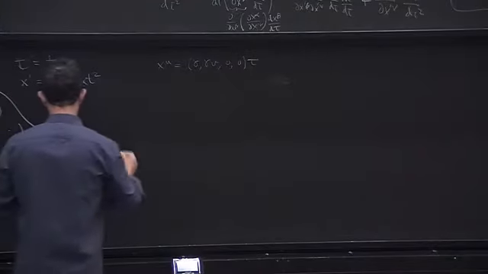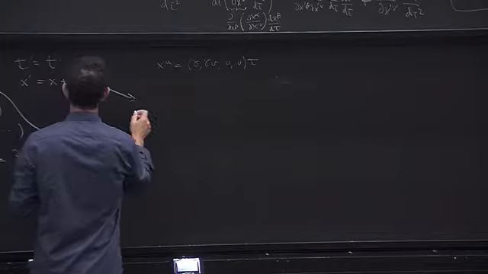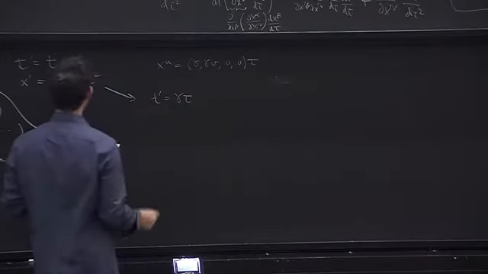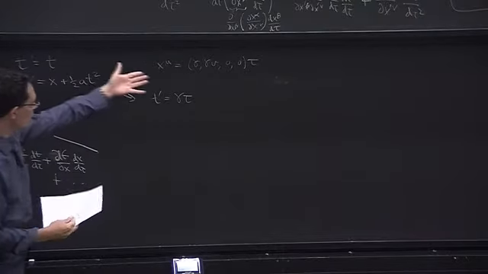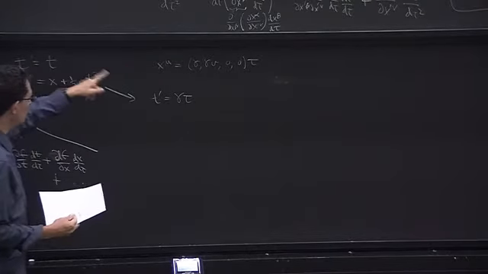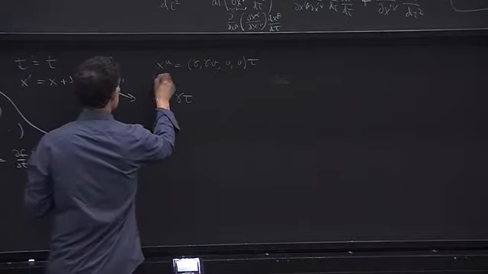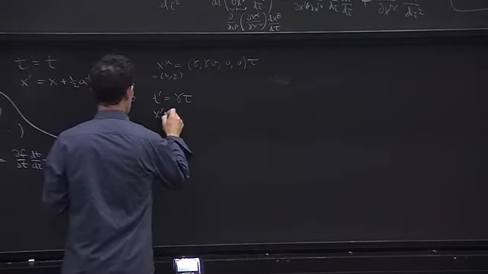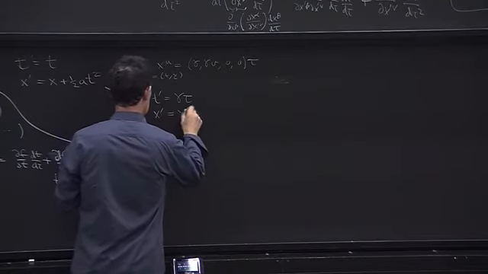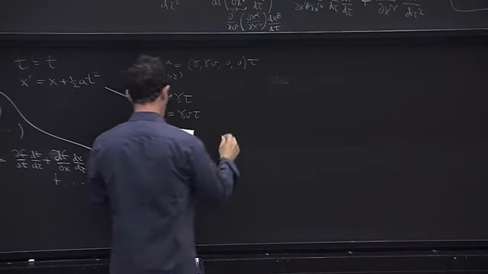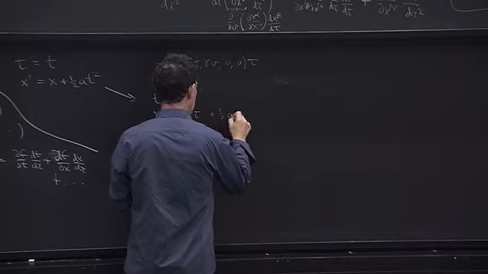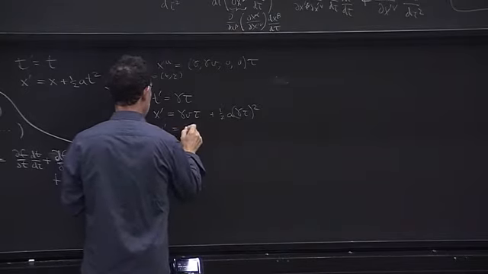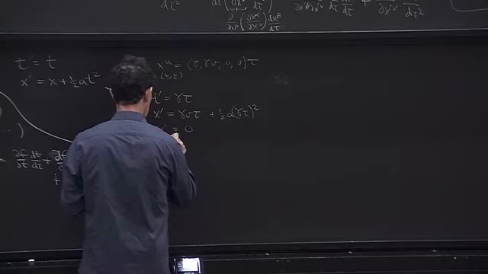So this will give us that t prime is gamma tau. I'm just taking this coordinate transformation and sticking in x^mu as t and x. And x prime is gamma v tau plus 1/2 a gamma tau squared. And then y prime is 0 and z prime is 0.